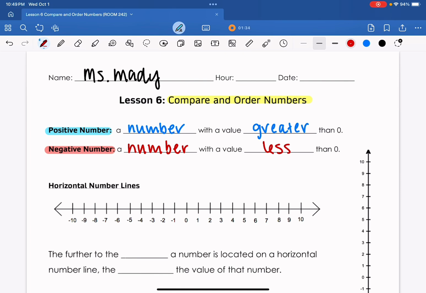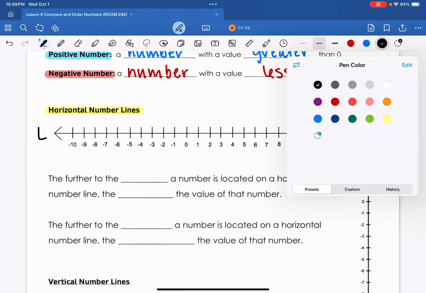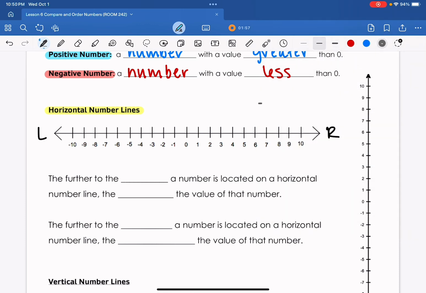So we are going to review our number lines. Horizontal means we're going to be going from left to right, right? Which makes sense because we just talked about if you move to the right, you're going to gain. And if you move to the left, you're going to lose some value.